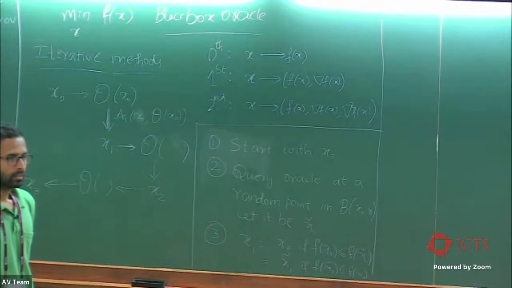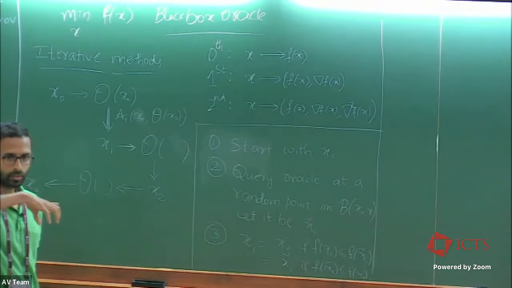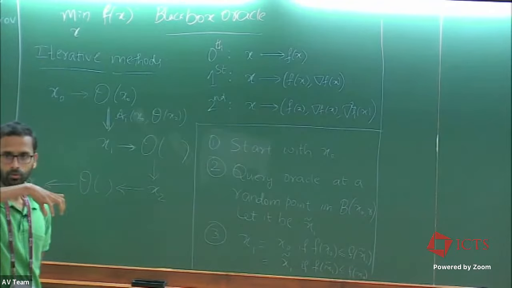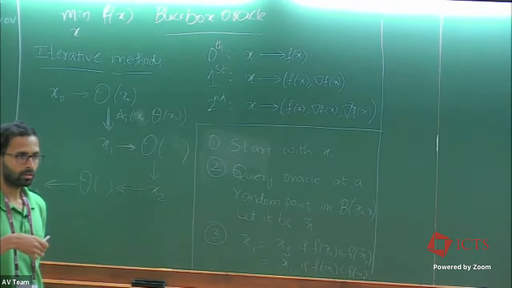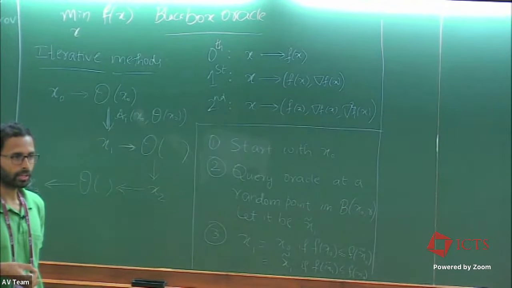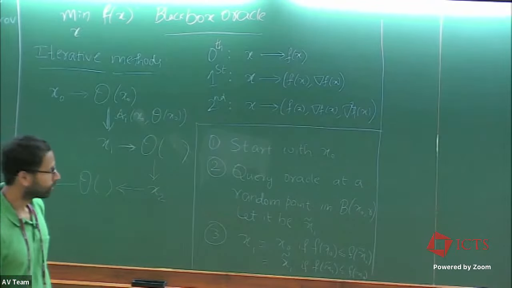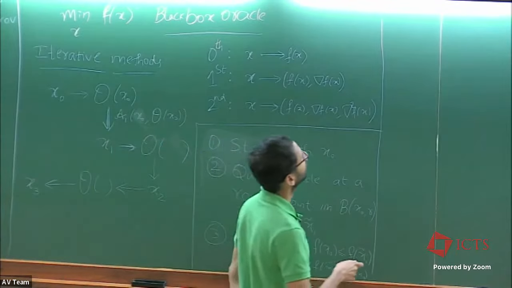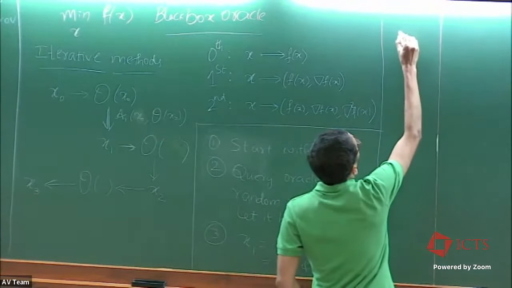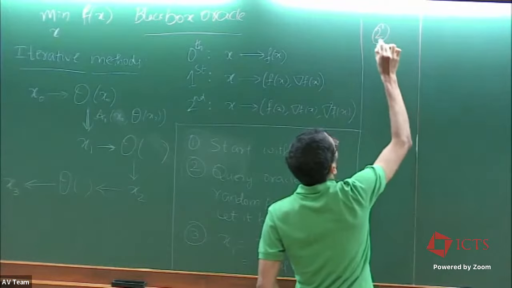So you query the function value at a randomly chosen point in the ball, and we only move to this new point if the function value actually reduces. So this is something which works in the zeroth order setting. Let's now come to some of the more popular algorithms.